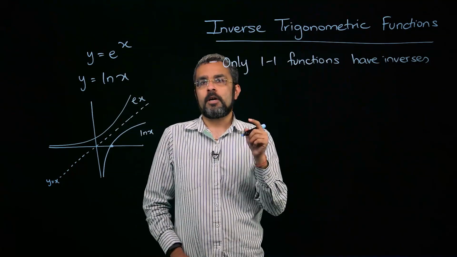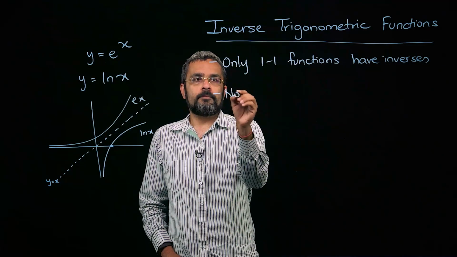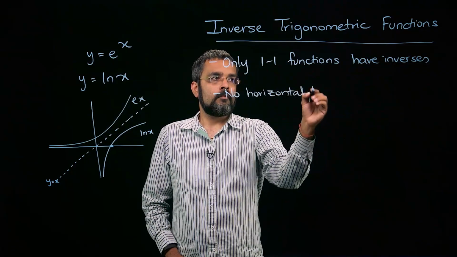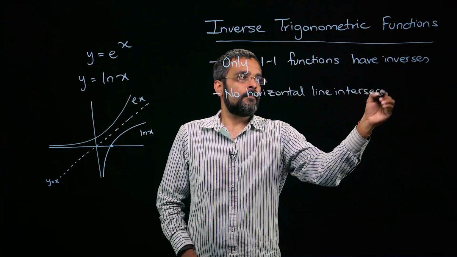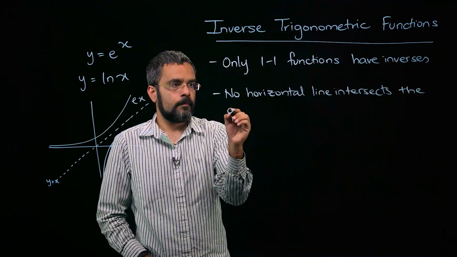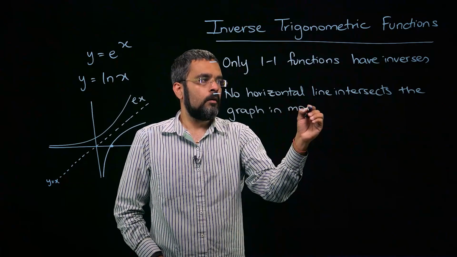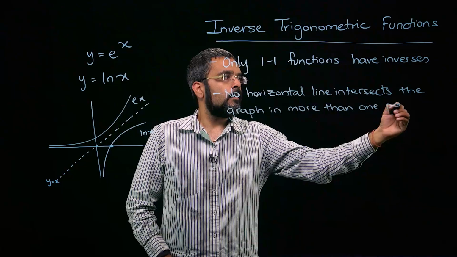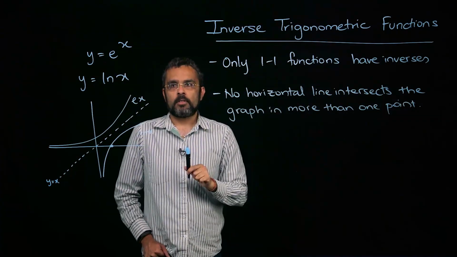Well, if you remember, one-to-one functions are those where no horizontal line intersects the graph in more than one point. So in a sense, one-to-one functions pass the horizontal line test.